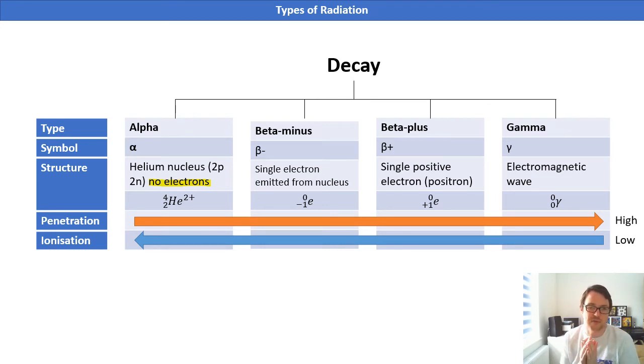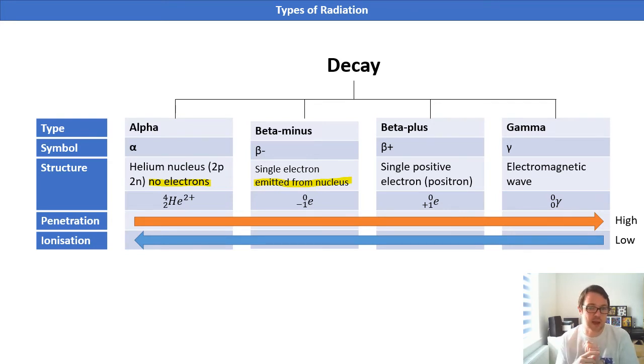The next two are very much linked. We've got beta minus and we've got beta plus. So beta minus is a single electron that's not emitted from the shells, but is emitted from the nucleus. So during the decay, the single electron is lost from the nucleus when something happens inside, and we'll talk about that a little bit later on.